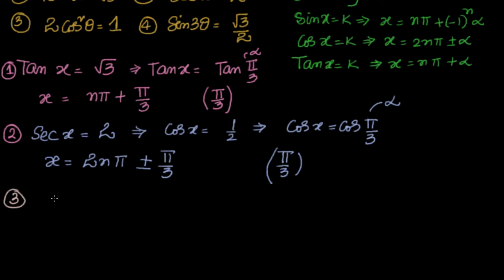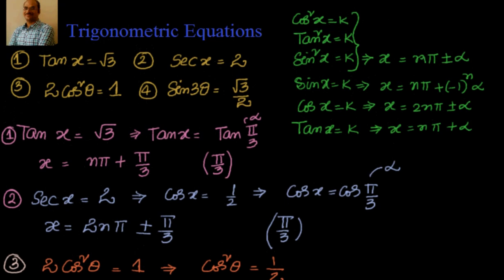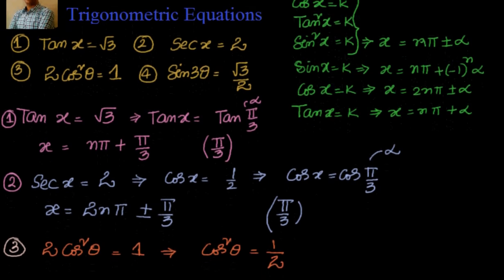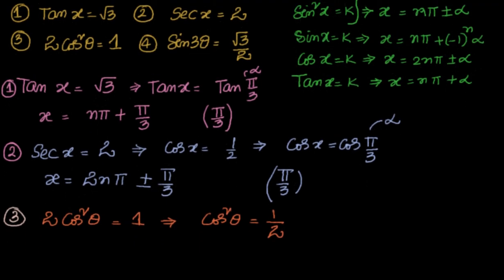The next one is 2 cos square theta equal to 1, which gives me cos square theta equal to 1 by 2. Now this is of the form cos square x equal to k, for which the general solution is n pi plus or minus alpha.